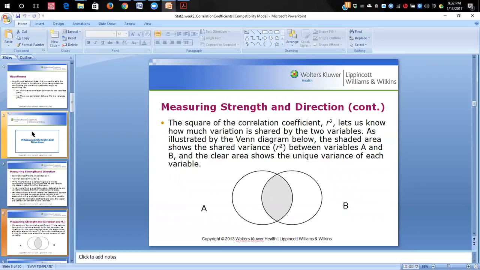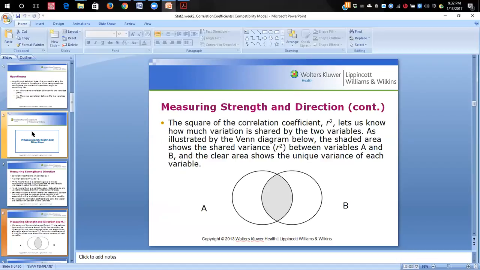And this Venn diagram shows you that the shaded area is the shared variance, or what we call R squared, which is the shared variance between variables A and B, where A is your independent variable and B is your dependent variable.